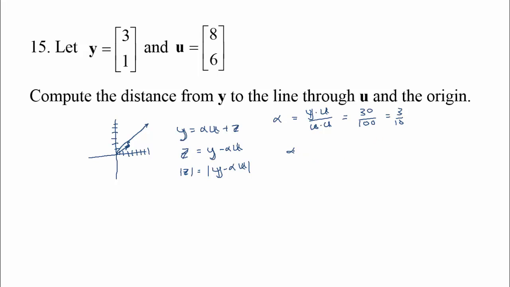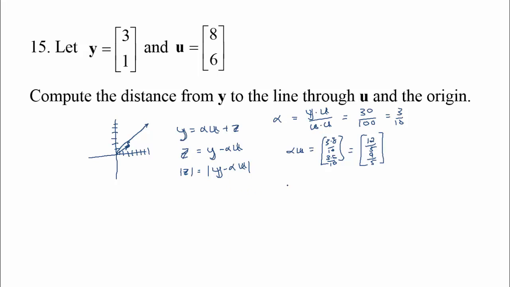That tells us that alpha u is 3/10 of u, so 3 times 8 over 10, and 3 times 6 over 10. 2 will go into 8 4 times and into the 10 5 times, so we really have 3 times 4 over 5, so 12/5. And I'll have 9/5 for the other component of alpha u.